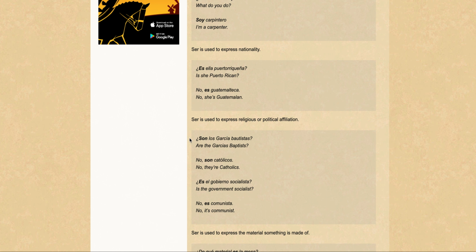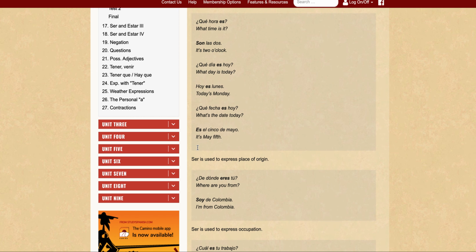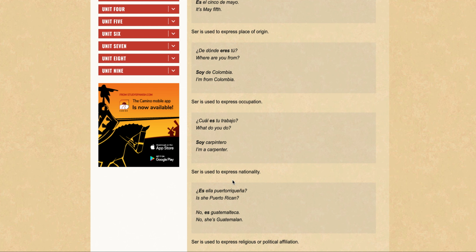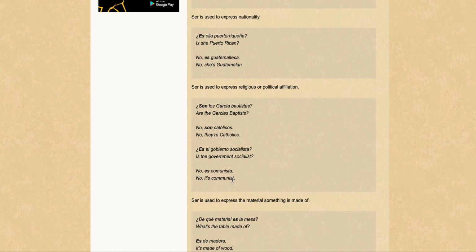So here son is translating to are. We used that verb form before, but it was not translating to are, it was It's 2 o'clock. ¿Es el gobierno socialista? Is the government socialist? No, es comunista. No, it's communist.